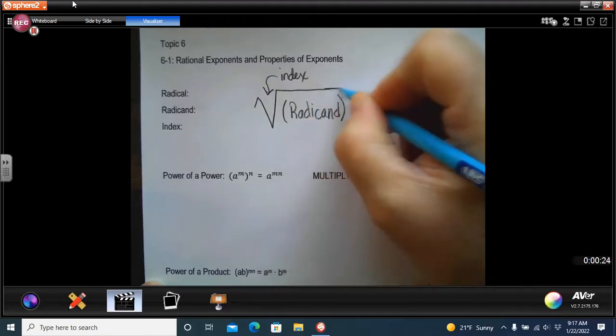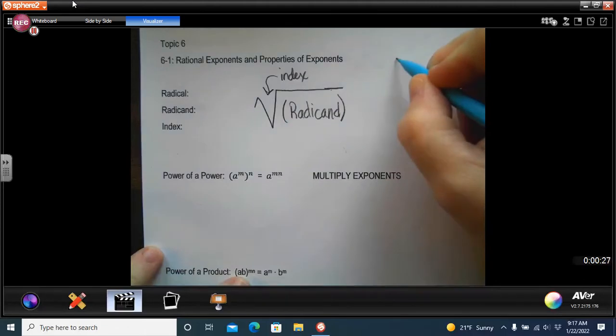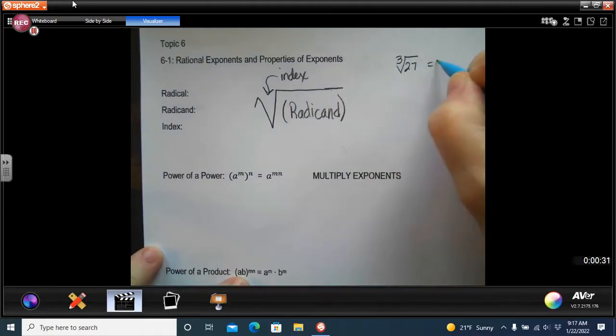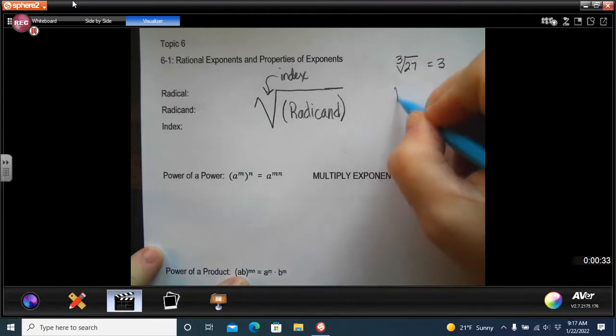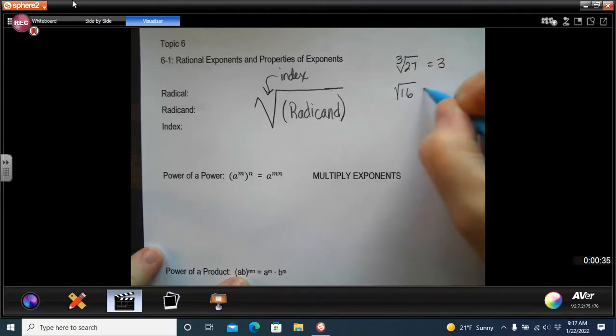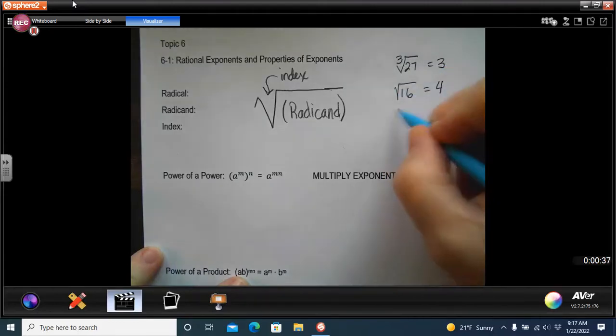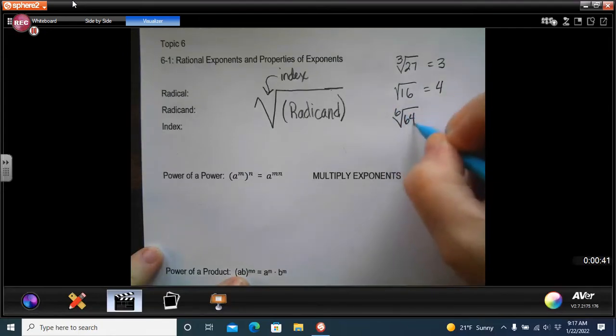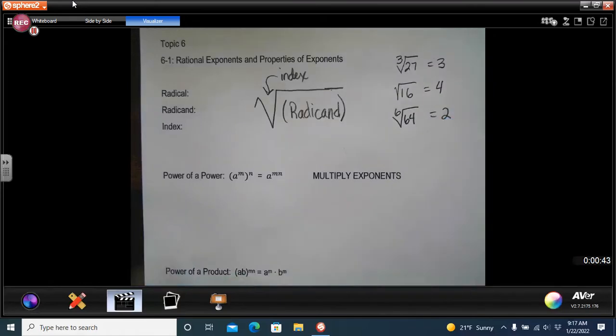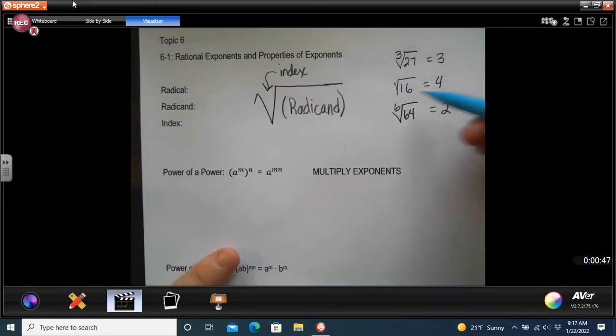And so, you can have the cube root of 27 is 3, the square root of 16 is 4, the sixth root of 64 is 2. So that's why some people, instead of saying square root of 16, say radical 16.